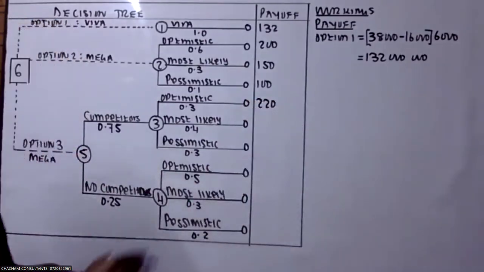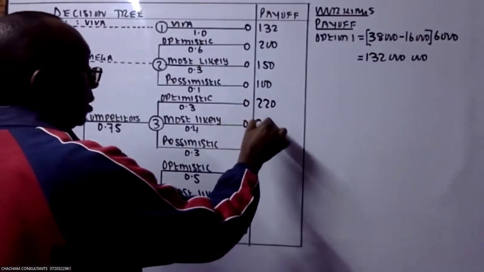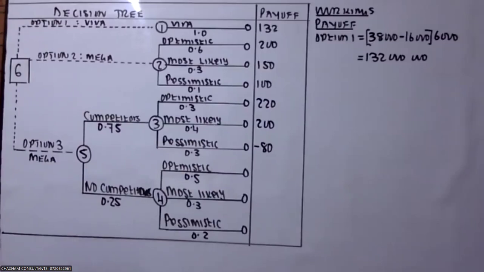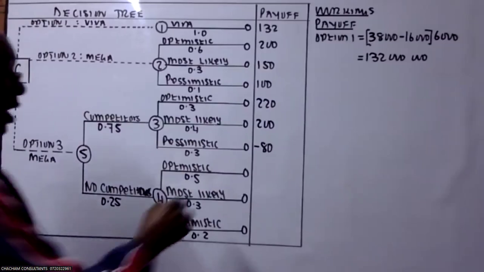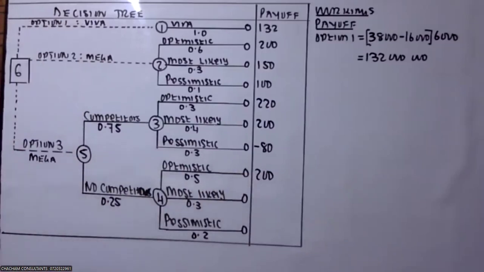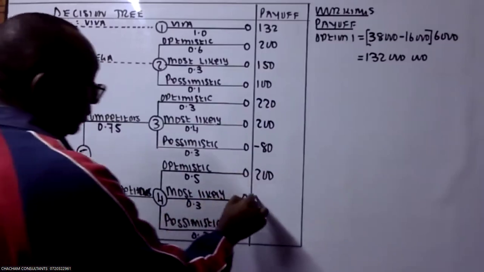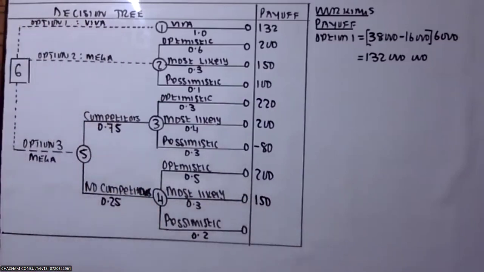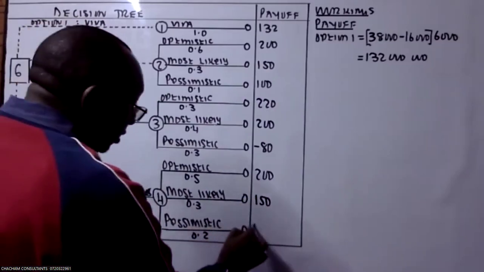We have 200. We have negative 80. We have 200. We have 150. And we have 100.